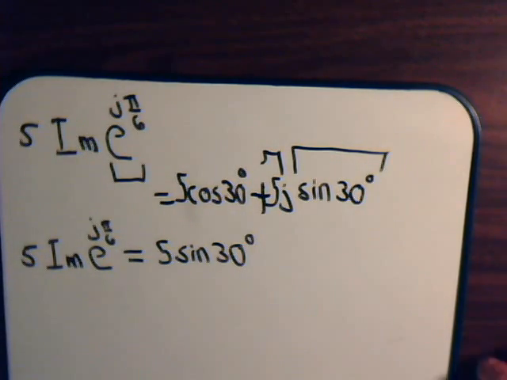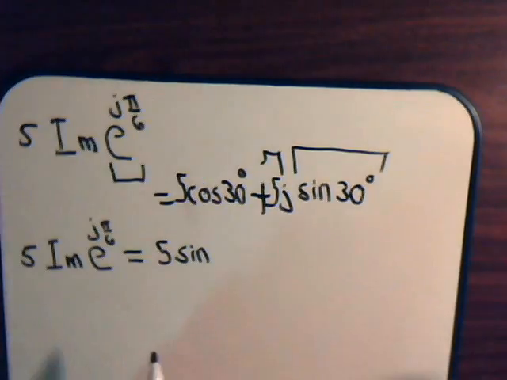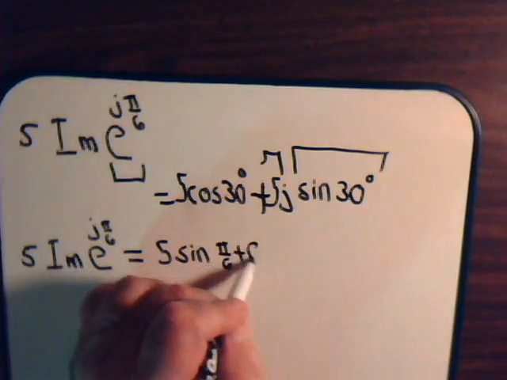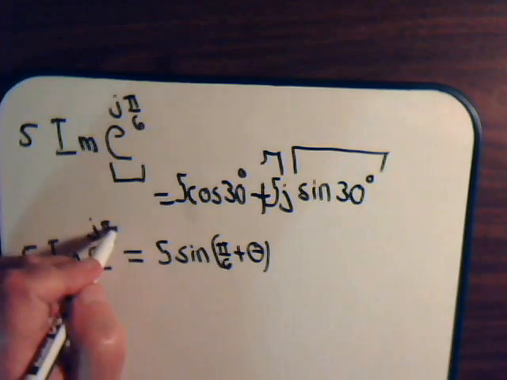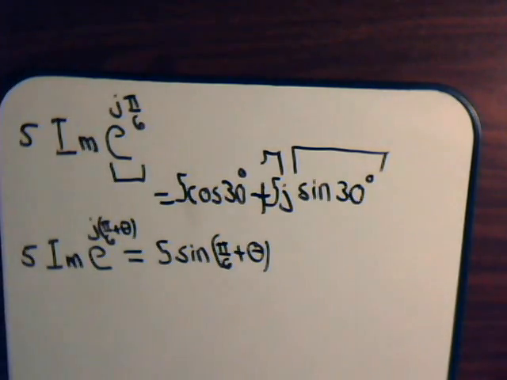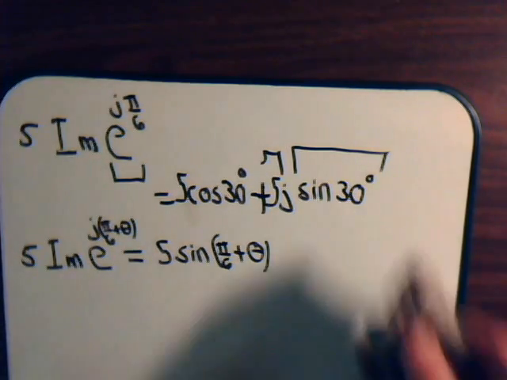Or if we had a phase angle, let's express it as pi over 6 plus a phase angle, then here it'd be pi over 6 plus a phase angle. The point is that we can use these exponential functions to represent sine functions and cosine functions. And that's what we're going to do here.